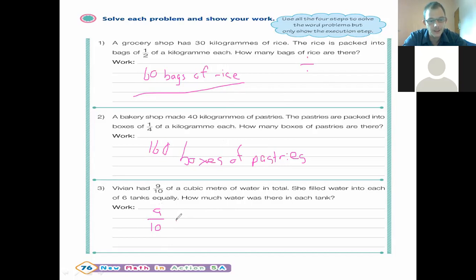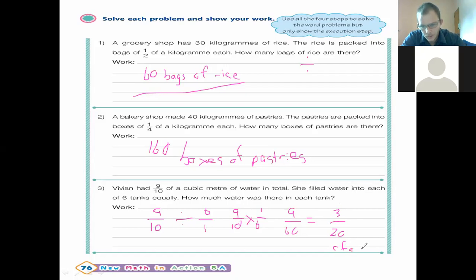We have to fill it in 6 tanks. 9/10 times 1/6 equals 9/60, which equals, divide this by 3, 3/20 of a cubic meter of water.